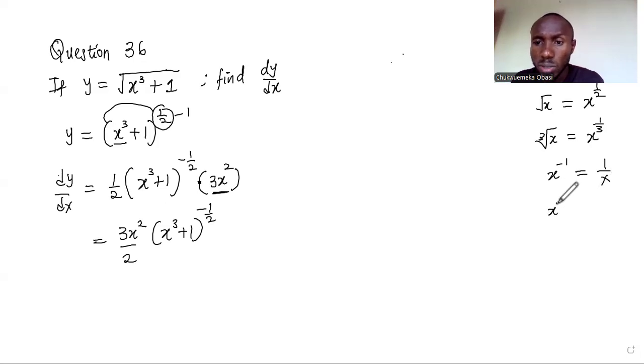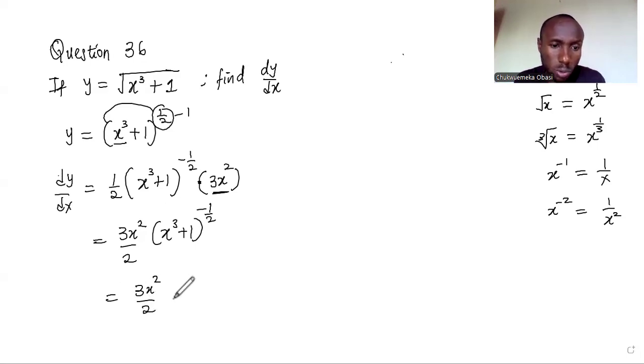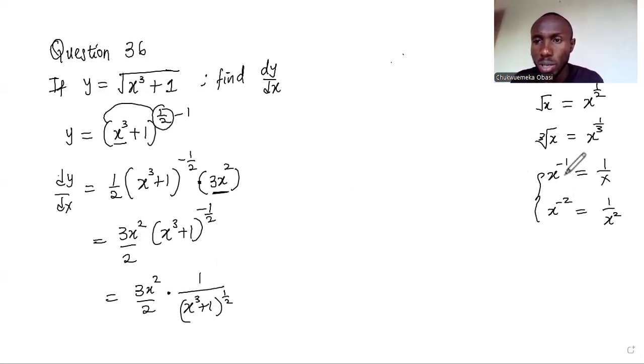And if you have x to the negative 2, it's the same as 1 over x squared. So if I want to get rid of this negative sign here, that is simply going to become 3x squared upon 2 times 1 upon x cubed plus 1 to the 1 over 2. That's how to get rid of the negative sign. It's just as simple as that.